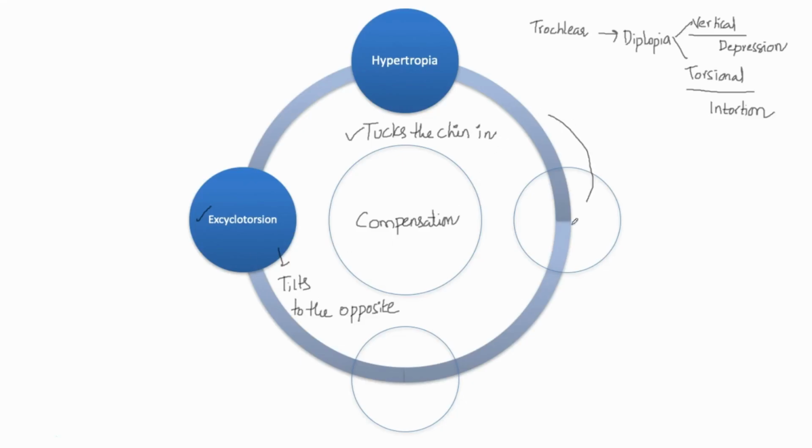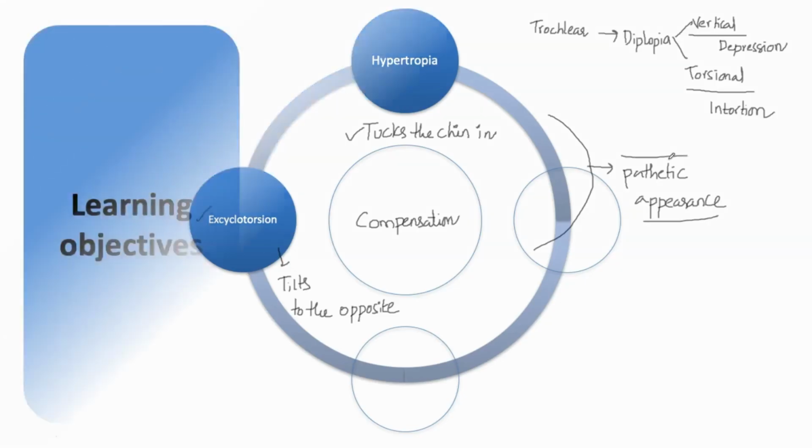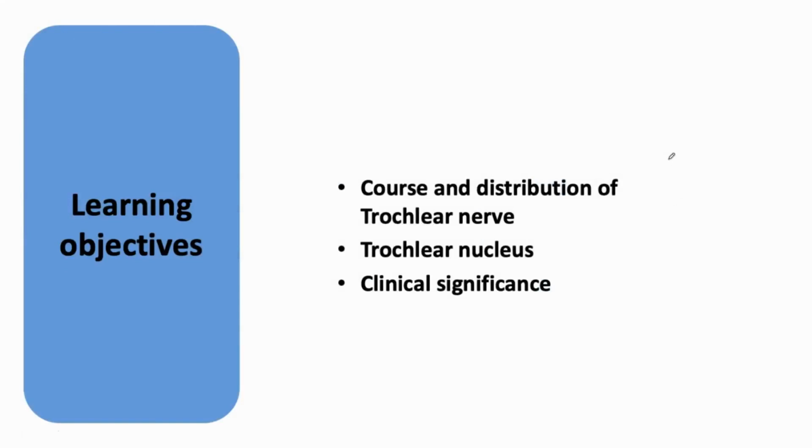This compensation gives the patient a classic look called pathetic appearance. Because of this compensation, the patient's face looks pathetic. So this pathetic appearance gives the name pathetic nerve or pathetic nerve palsy. So this concludes our discussion on the course and distribution of the trochlear nerve, the trochlear nucleus location, and clinical significance of the 4th cranial nerve.